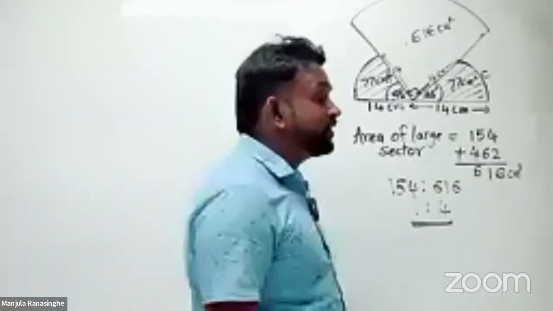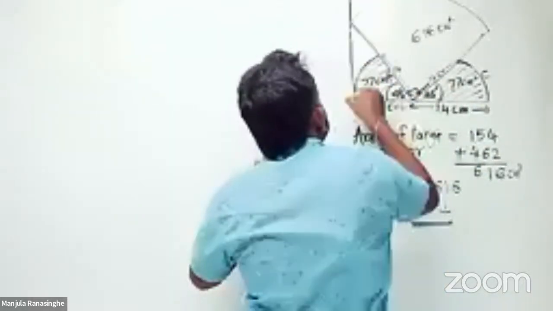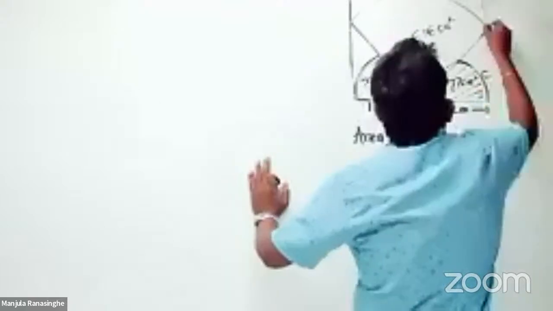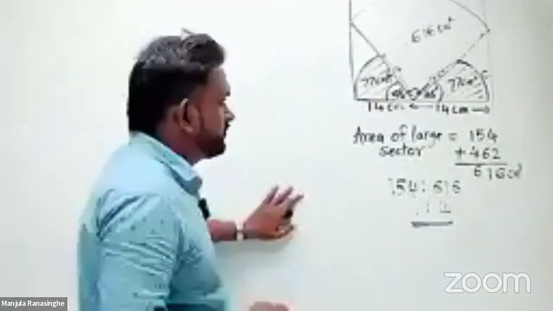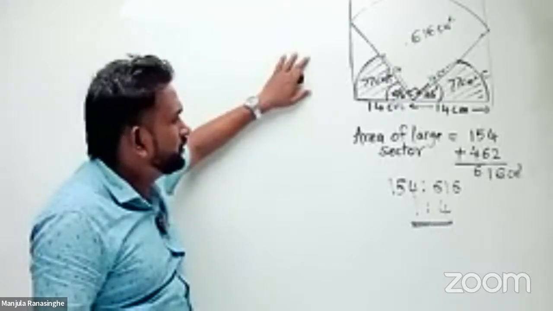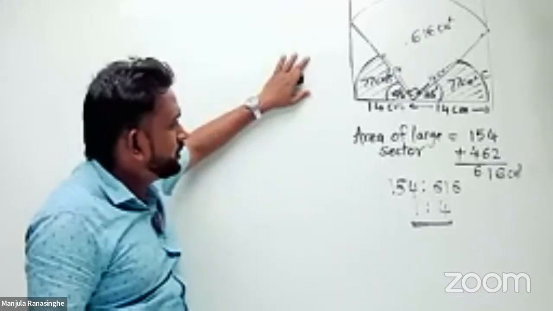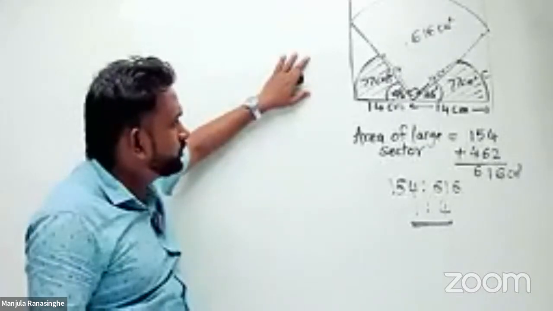For this one, you need to find how many can be cut out from 60 square centimeters. How did you do this one?